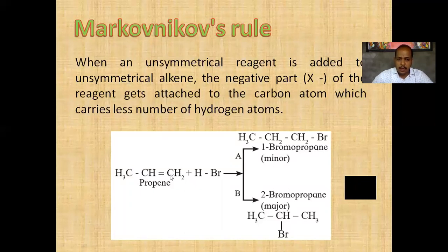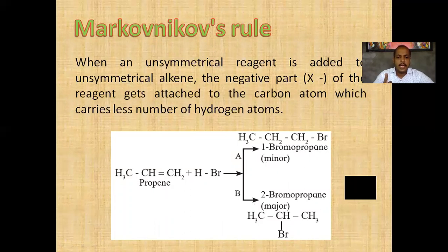Therefore, as per the rule, the negative part, this Br minus, goes to carbon number 2 and 2-bromopropane becomes the major product. Is it clear? And the remaining one, 1-bromopropane, is obtained as the minor product.